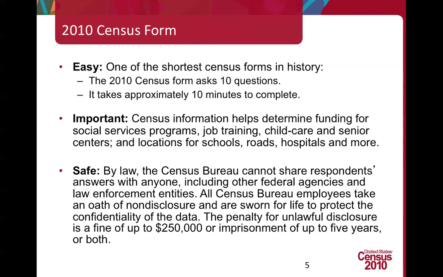So you can tell the Census Bureau definitely works very hard to make sure that your confidentiality is kept to the highest degree. If you're working for the Census Bureau and you give out that information, $250,000 or 5 years in prison, those are pretty stiff penalties. So that definitely dissuades people from doing so.